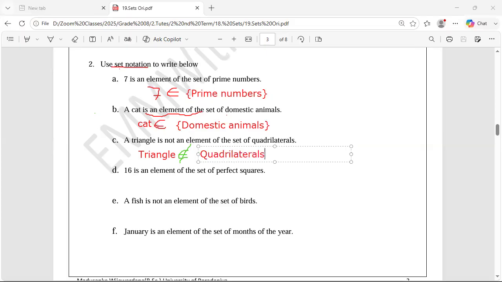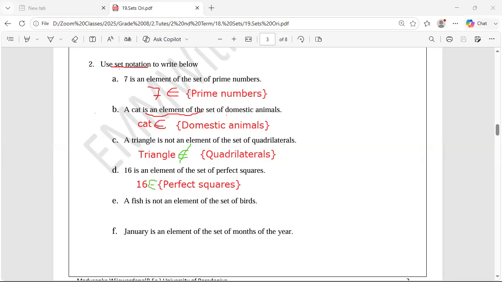Open curly bracket, close curly bracket. 16 is an element of the set of perfect squares. 16 is here, right? Then I will write this one, perfect squares. Most of you have done.